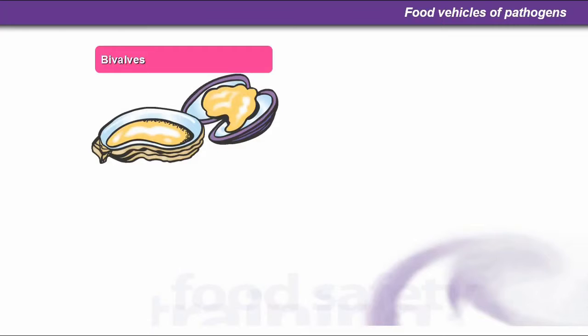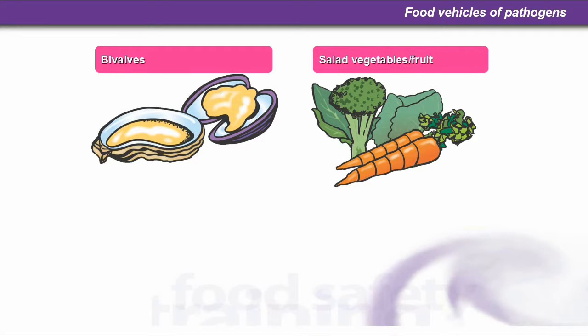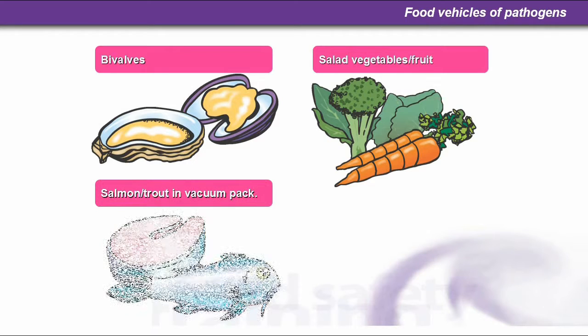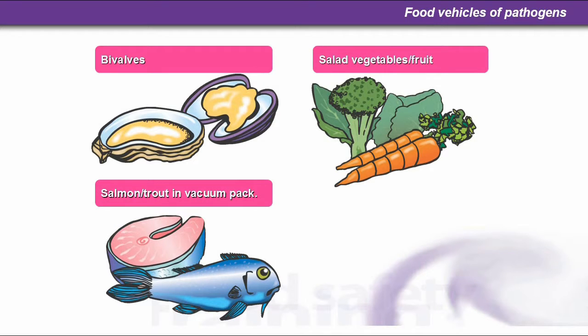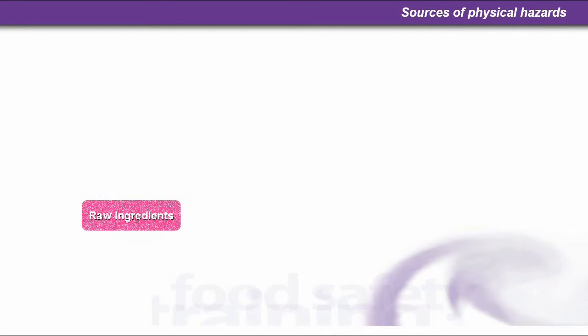These tend to concentrate the toxins, especially in areas where there's a high level of fecal contamination, like in estuaries where there's a high population. They take the toxins in from the feces and actually concentrate it within their shells. Salad vegetables and fruit, salmon and trout in vacuum packs.